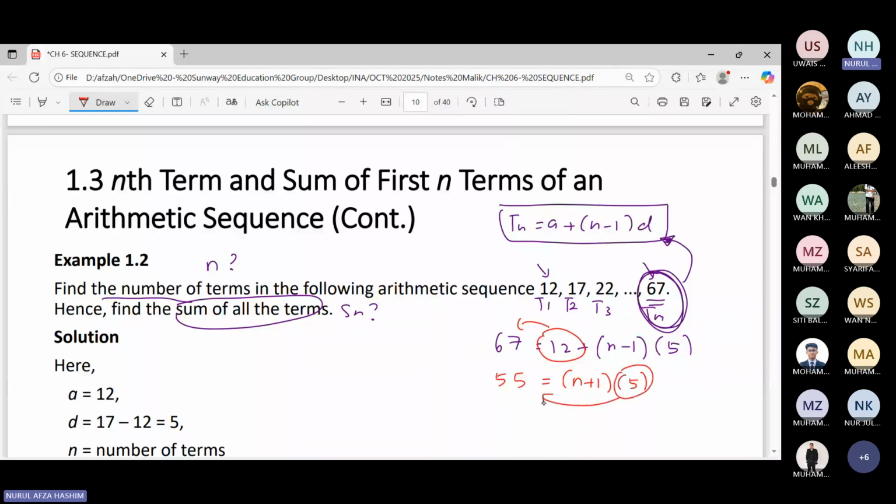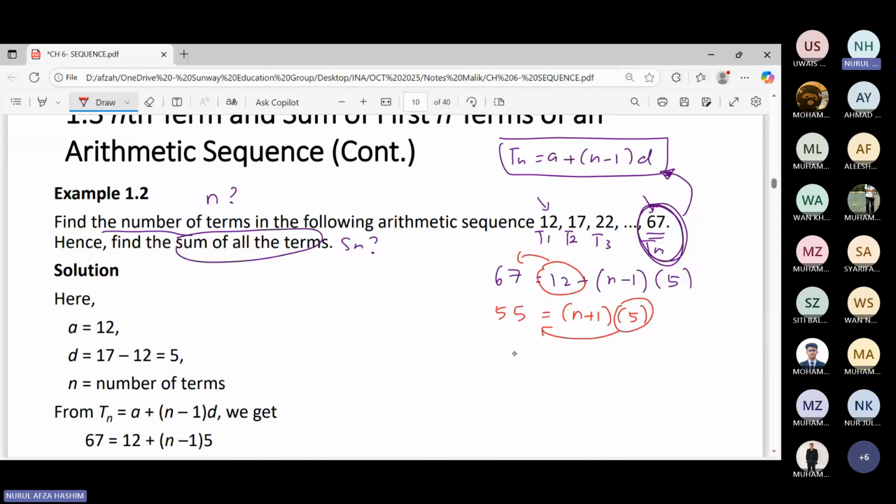When you cross over, be divided, right? Equal to 5, madam. 55 bagi 5 eh? 11. Relax. Okay, and then n minus 1. So plus 1, when you cross here, ada 10, madam. So maksudnya nilai pada tempat ke-10 adalah 67.